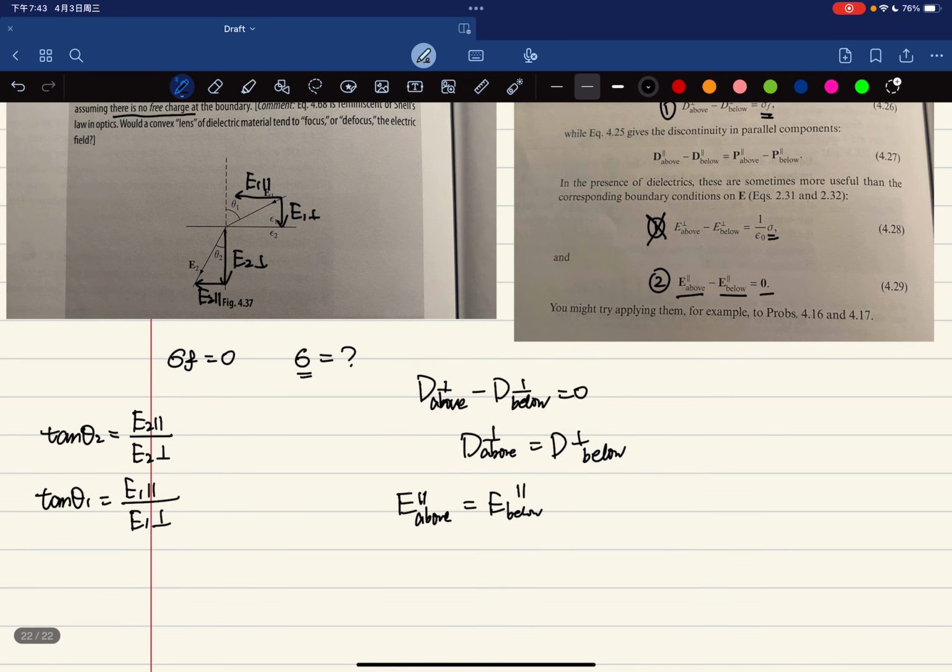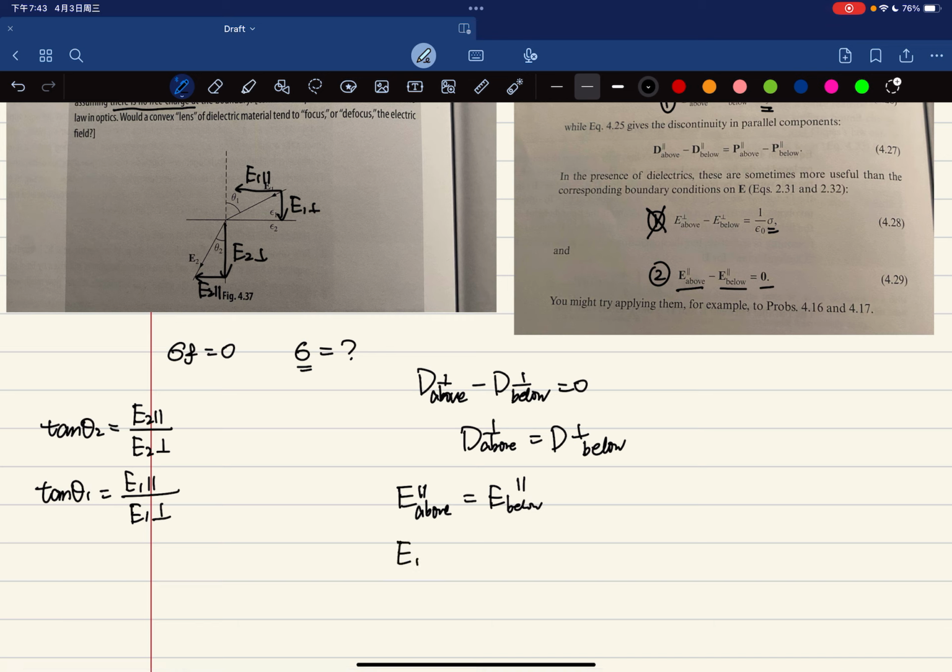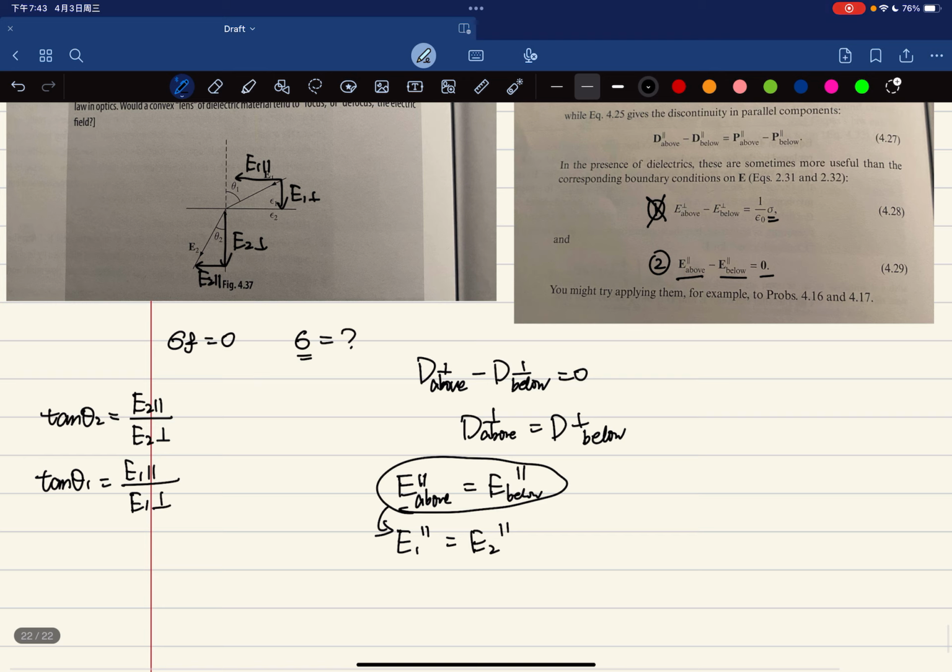Now we know that E1 parallel is equal to E2 parallel, so this is just a rewrite of this equation. But now we don't know what E1 perpendicular and E2 perpendicular are.